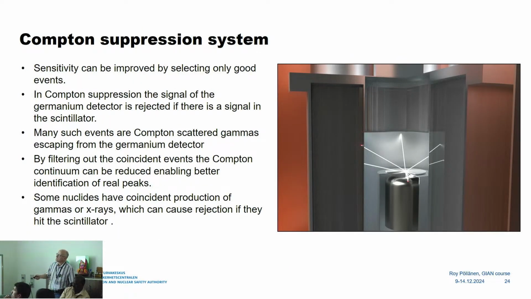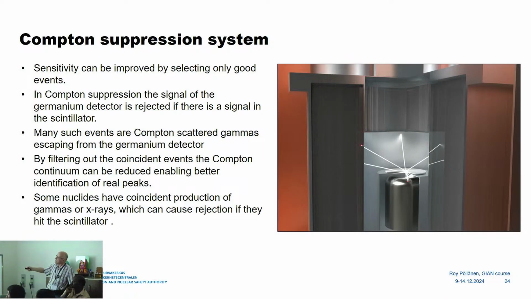So, about this Compton suppression system. Sensitivity can be improved by selecting only good events. In Compton suppression, the signal of the germanium detector is rejected if there is a signal in these sodium iodide detectors, which are lead shielded here.